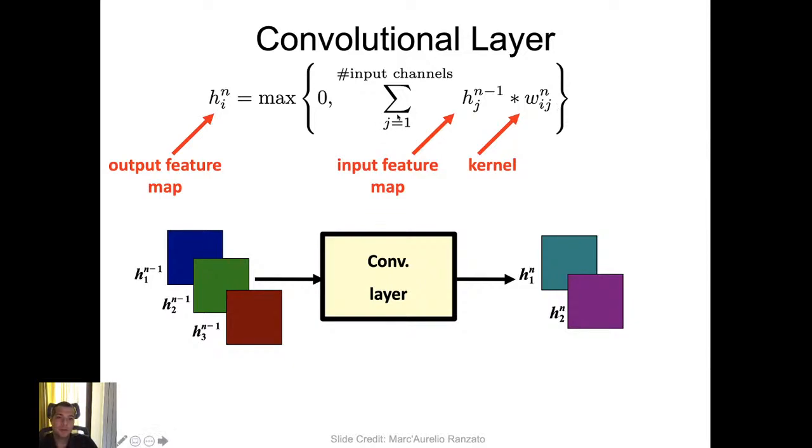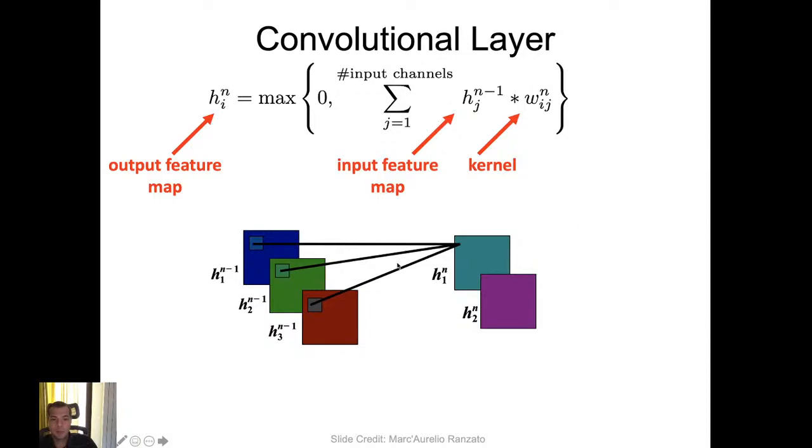In the convolution we have some input feature maps and the kernel that applies on the input feature maps. So in the end we take as input some feature maps, we pass them through the convolutional layers, and we obtain some output feature maps. And these are provided as input to the next layer, and so on. One important aspect here is that when we apply a filter on top of the input feature maps, we apply it on all the input feature maps.